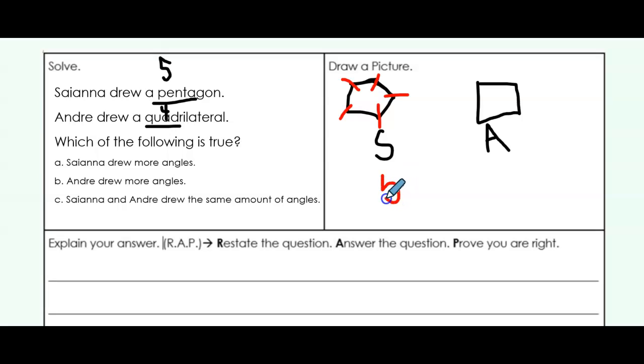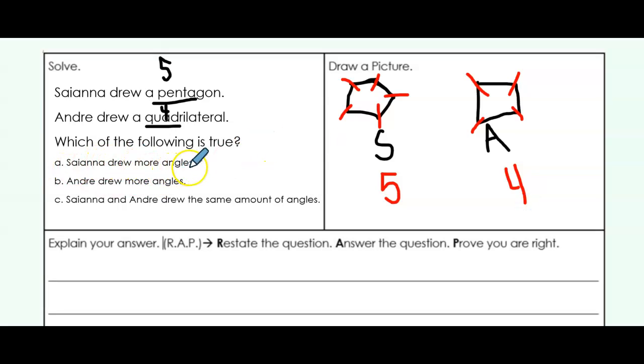Sayana has 5 angles on her shape. Now let's count Andre's angles. Remember, that's where 2 sides meet up. 1, 2, 3, 4 angles. Andre has 4 angles on his figure.